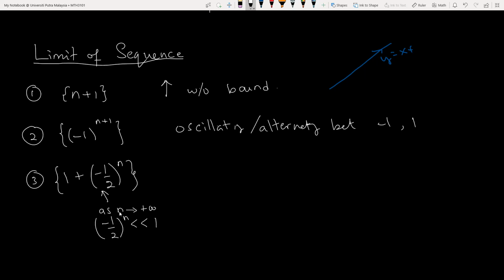So you can see that this is approaching 1, approaching 1, but oscillatory.